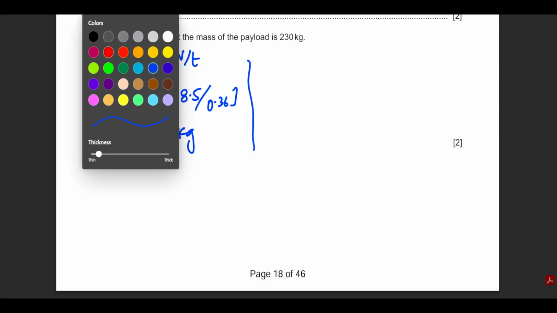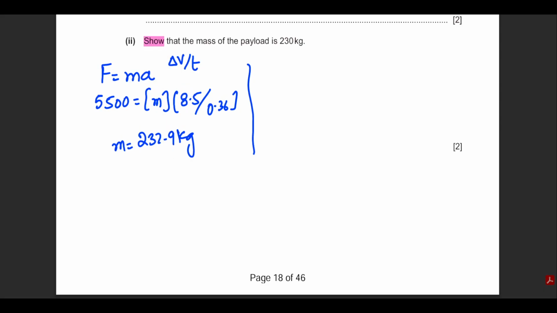This is option one. Let's try another option from the perspective of momentum. So F is equal to the rate of change of momentum, which is going to be m into delta V. The mass is not changing at this point. So this will be 8.5 minus 0 divided by 0.36, or better still, since we're interested in the change, we should just talk about this as the change, 8.5.